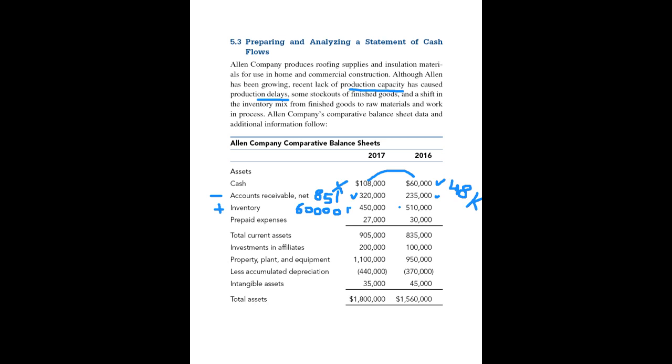Then comes prepaid expenses. If you see here, prepaid expenses decreased by 3,000. So how do prepaid expenses decrease? Because of an adjusting entry. Let's suppose your company had prepaid insurance in the balance sheet. When prepaid insurance decreases, it means that we have recorded the expense for the year.